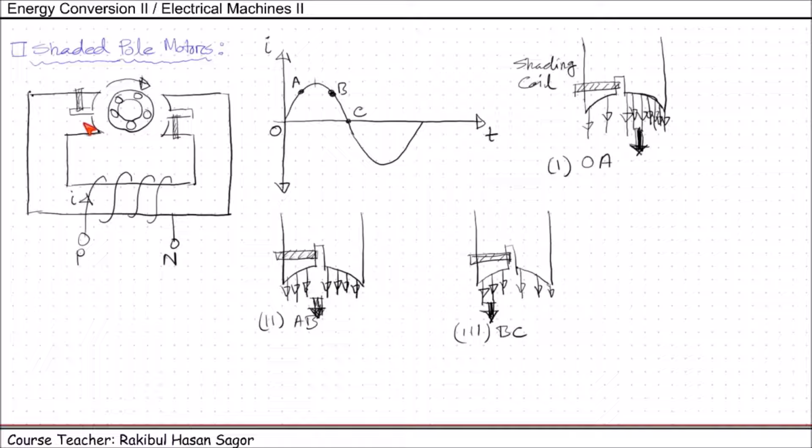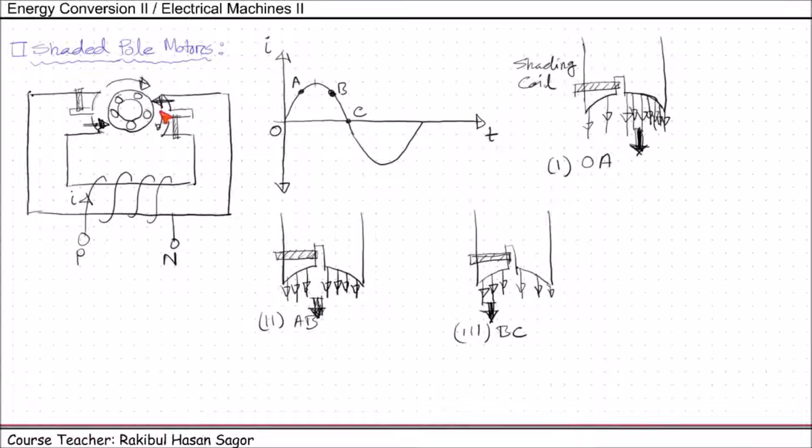So what's happening? I have a highly concentrated magnetic flux that starts from the non-shaded portion and it moves from here to here. So this rotor will experience a rotating magnetic field which is moving from non-shaded side to shaded side. In this side as well, the field will start from here. Highly concentrated field will start from here and it will be moving here.